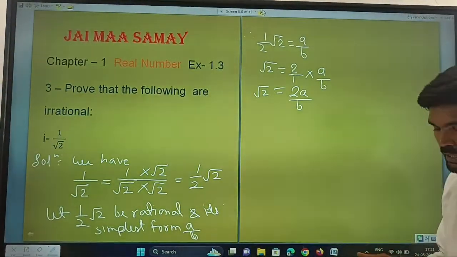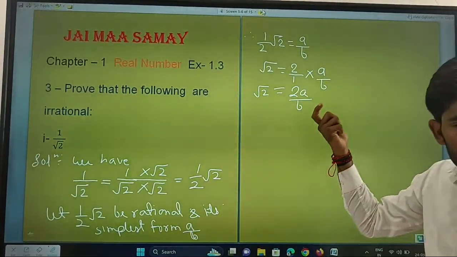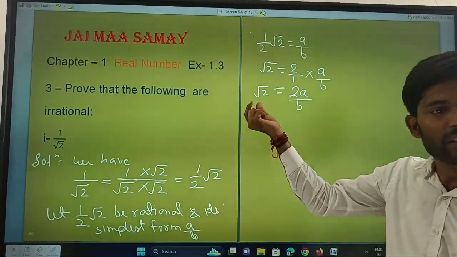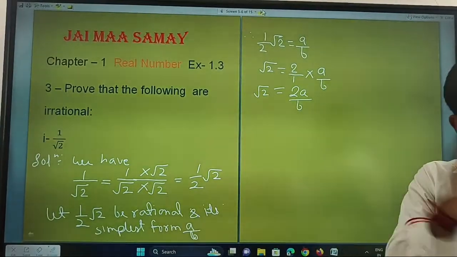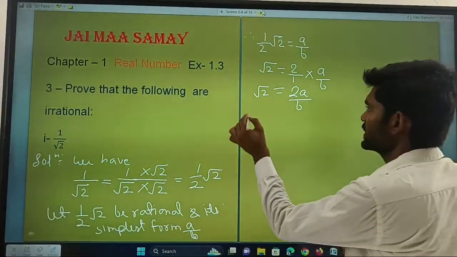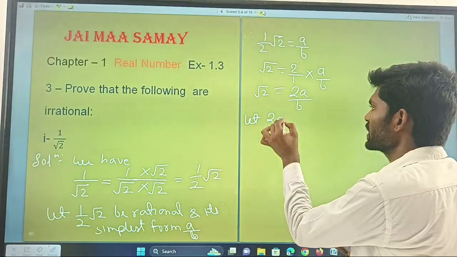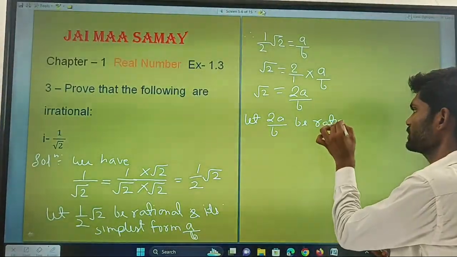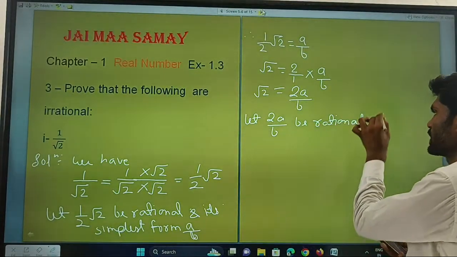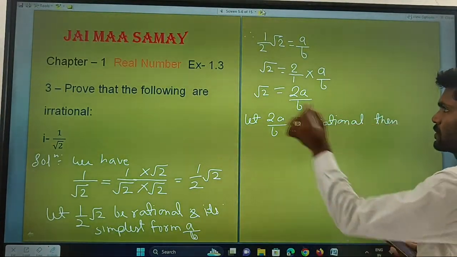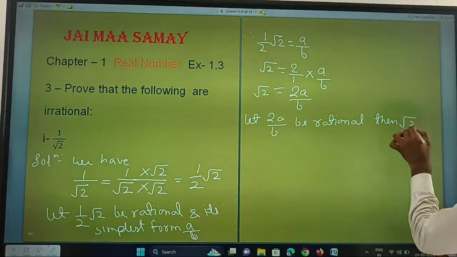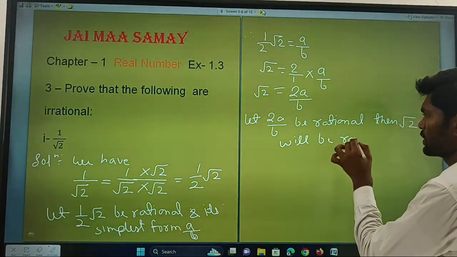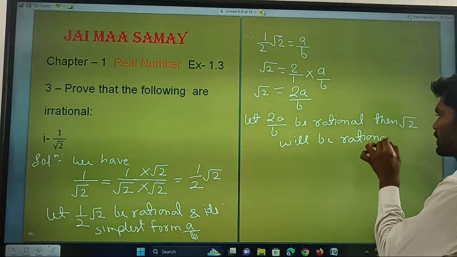Now the same statement. Suppose the right side is rational, then the left side is also rational, but according to this it is irrational. Our assumption, same statement as the previous question: let 2a upon b be rational, then under root 2 will be rational.